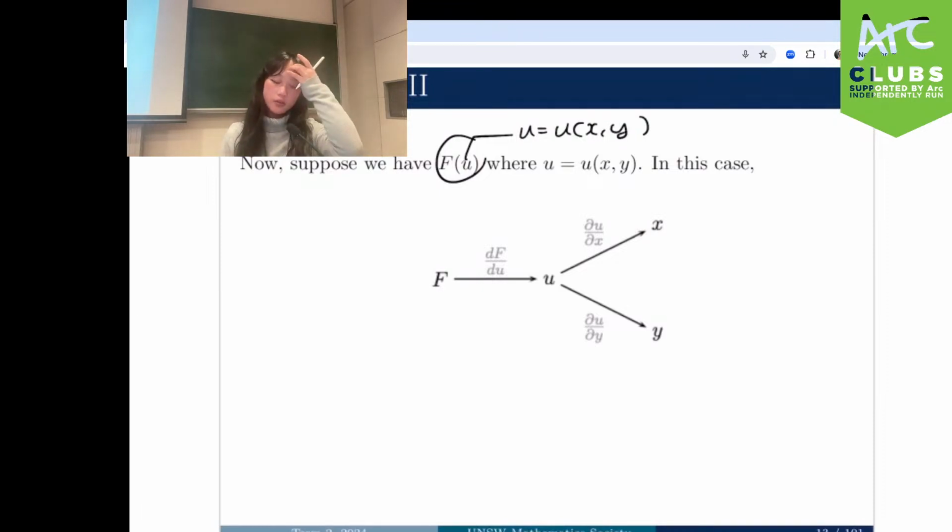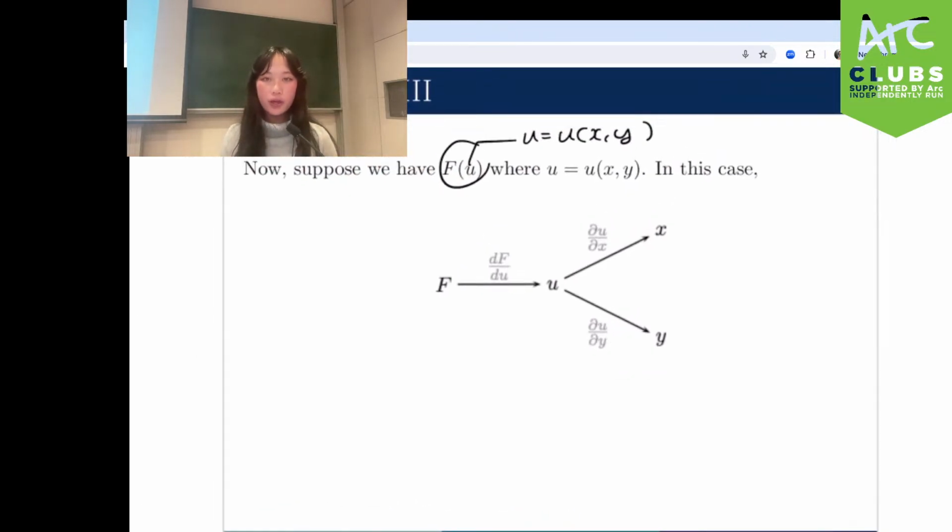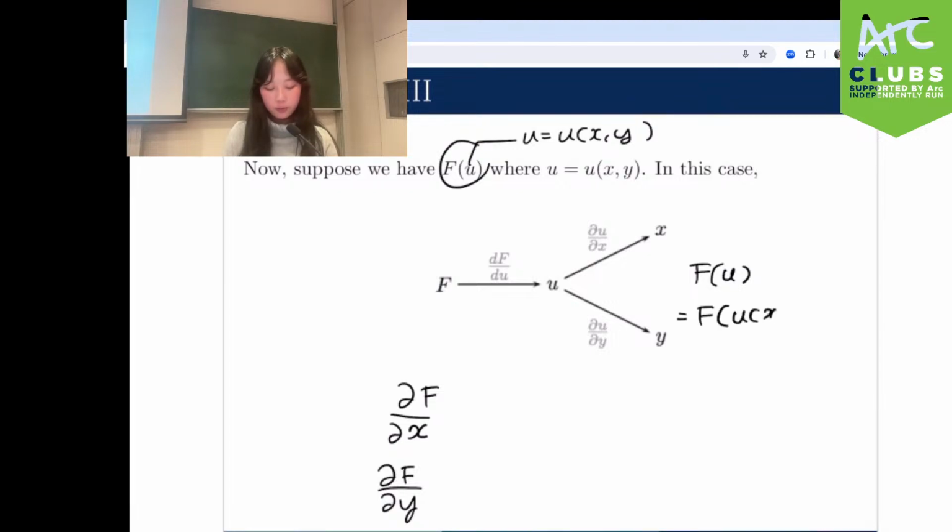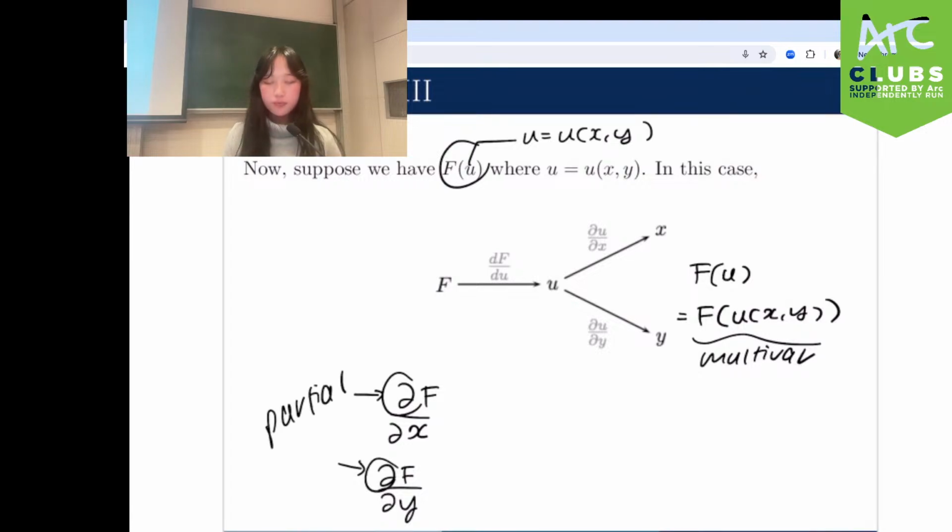Let's have a look at all the different derivatives that we can take. Hopefully you can understand by now that because f is a function of u, which is a multivariable function in terms of x and y, these derivatives are partial.